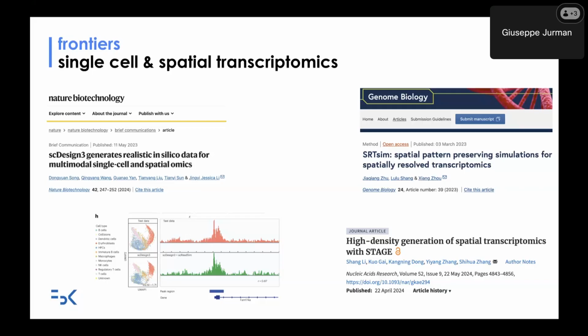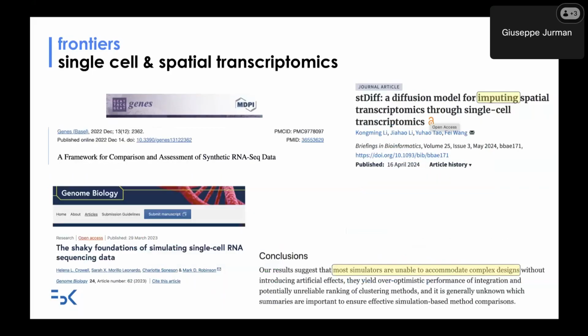So generating synthetic data in these new domains has the additional constraint of requiring also the position, okay, of the generating cells. And this will probably be the new frontier of using generative artificial intelligence for synthetic data in the omics domain.